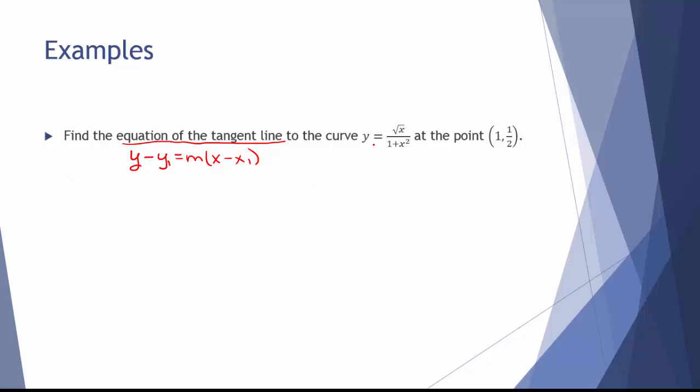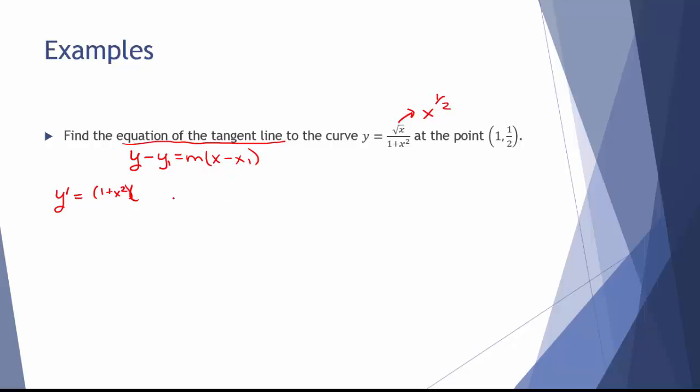So since we need the derivative of this function, we look, and sure enough, that is going to require a quotient rule. So we take the derivative, either y prime or dy dx, and we use quotient rule. So we get the denominator times the derivative of the numerator. Remember, the square root of x is x to the 1/2 power.